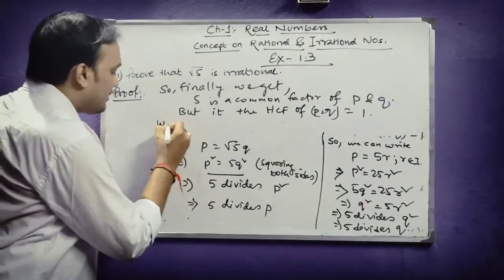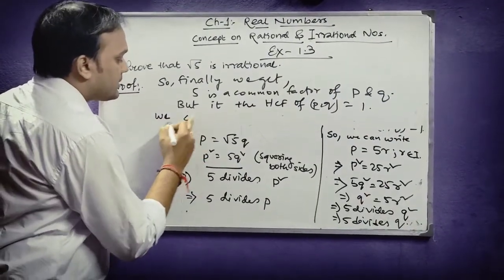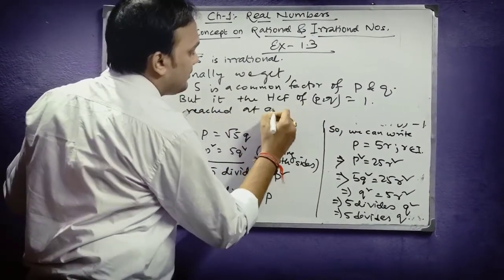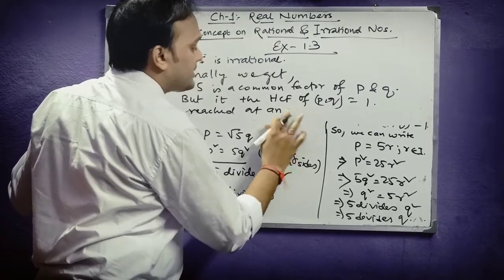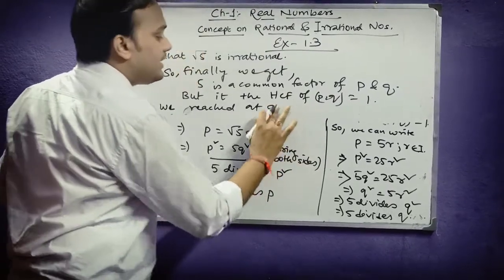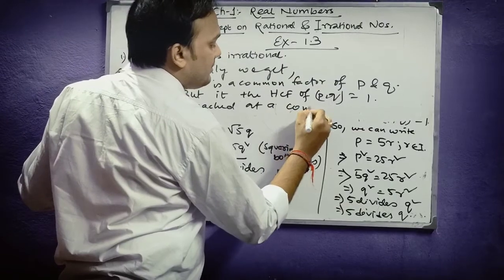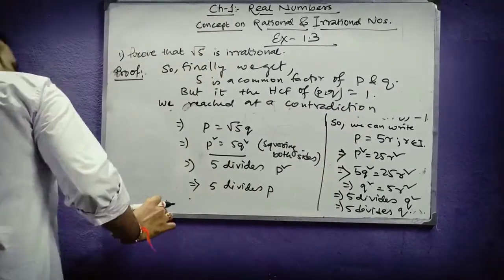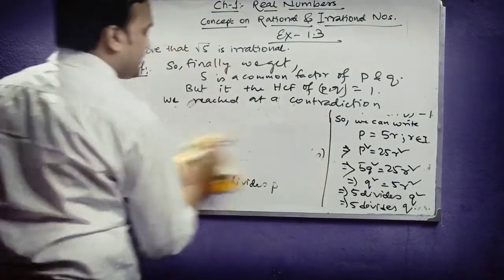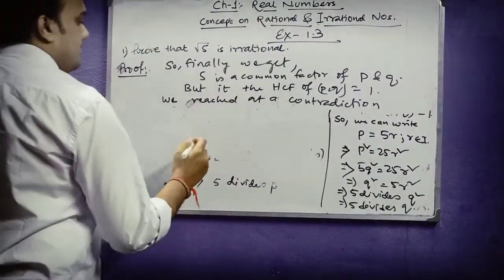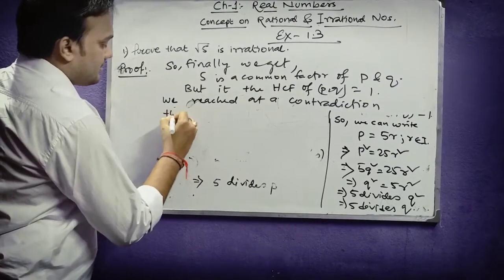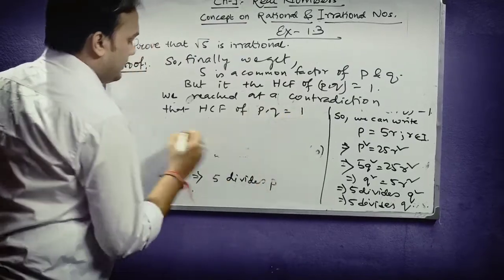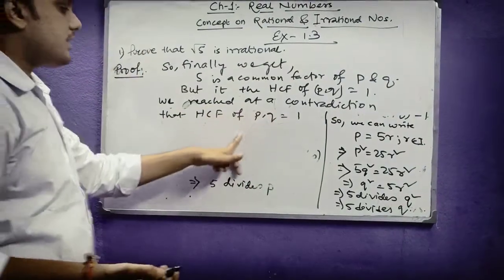So we reached a contradiction. Why did we reach the contradiction, that HCF of P and Q is 1?